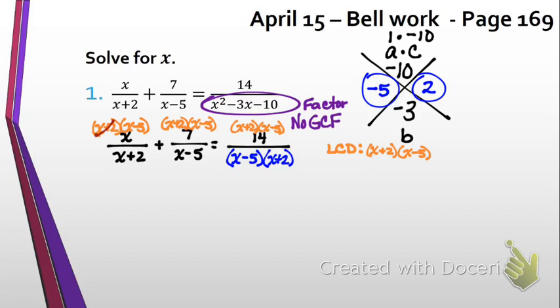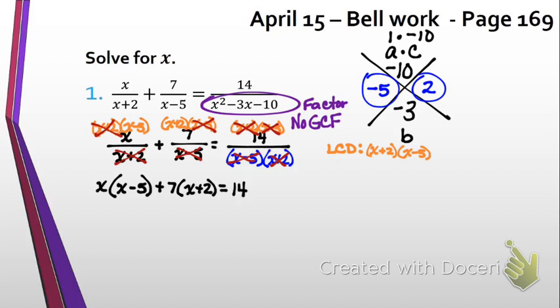X plus 2 cancels out, and so I still have x and x minus 5. Bring down my plus sign. Who cancels here? X minus 5. X minus 5 cancels, so I have 7 times x plus 2. Drop my equal sign, and what about over here? All of them except the 14.